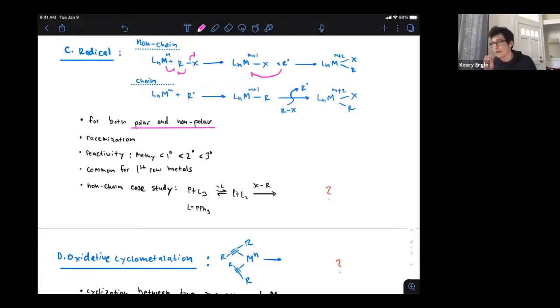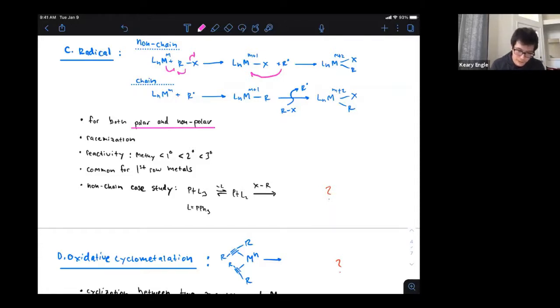So in that non-chain pathway, you can view this as an electron from the metal, from a filled d orbital on the metal, effectively engaging in an SET transfer to homolyze, let's say, the organohalide or whatever else this would be, and then you get recombination of the carbon-centered radical that is thus generated.